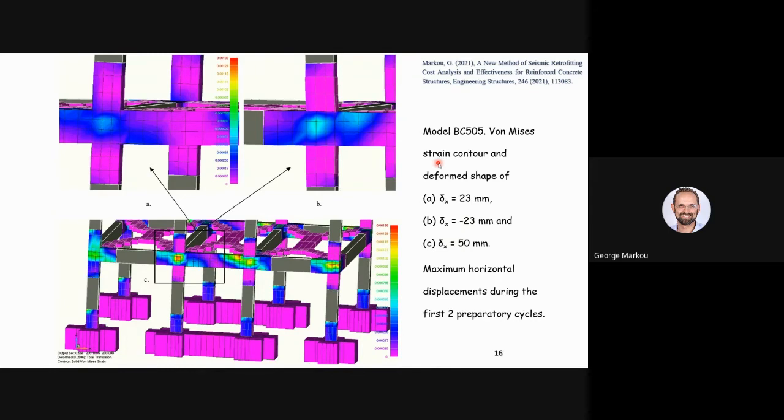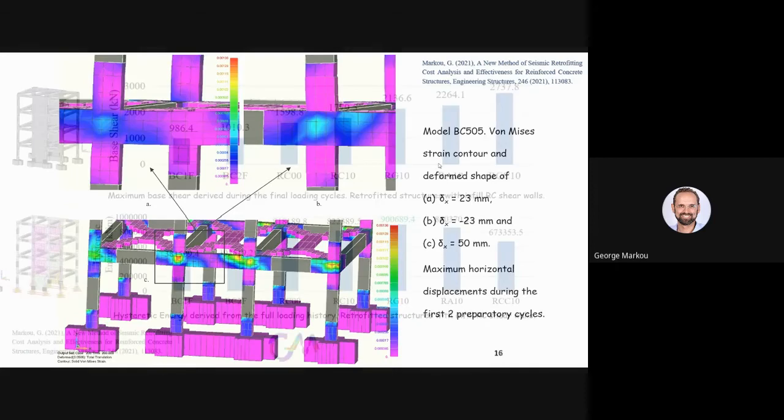And definitely we can also see the advantage of using this type of modeling in order to understand the exact mechanical behavior that is developed, and also determine how exactly the interventions affect the overall mechanical behavior of the structure based on localized damage and redistribution of damage according, of course, to the location of the retrofitting.